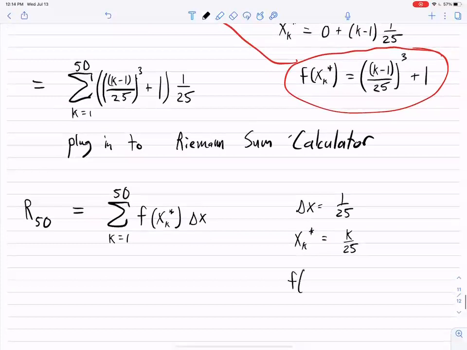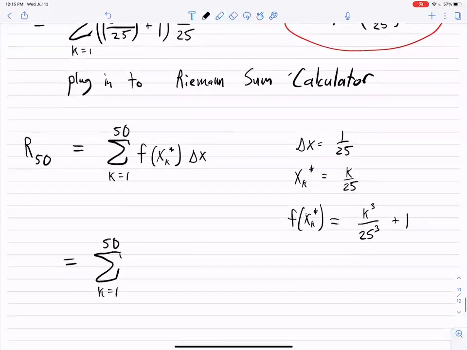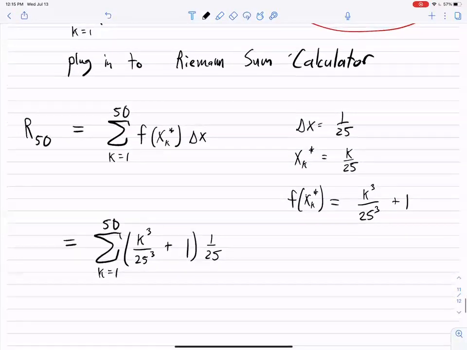And so f of x sub k star is really nice. It's just k cubed over 25 cubed plus 1. And so this is going to be the sum from k equals 1 to 50 of k cubed over 25 cubed plus 1, times 1 over 25.